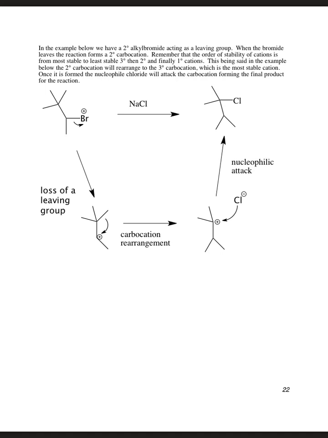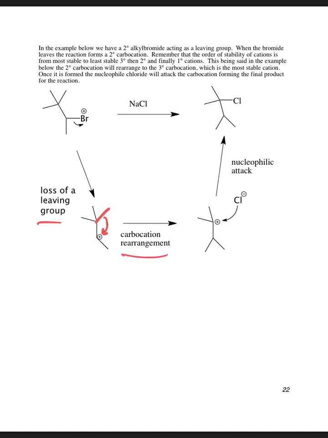Okay, just to add a little bit of fun to the reaction, in this case we have a secondary bromide, but next to it we have a quaternary center, a carbon with 4 carbons off of it. So the loss of the leaving group forms that secondary cation. We all know that secondary cations are not as stable as tertiary cations. So what can happen is one of these groups over here can take its electrons and migrate over to form a new cation.